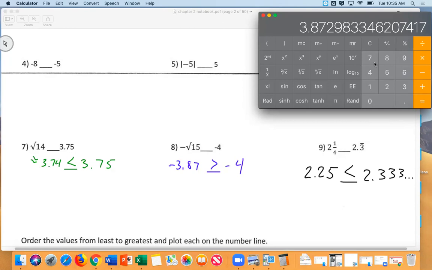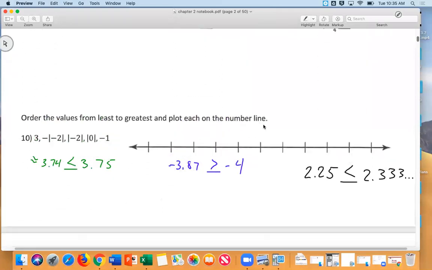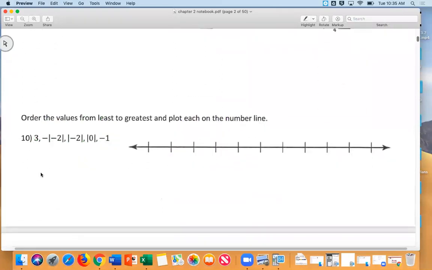Now, why do I need to know this? Because all of these numbers correspond to places on the number line. So I can plot all of these numbers. What we want to do is convert all of these numbers to decimals. So 3 corresponds to 3.